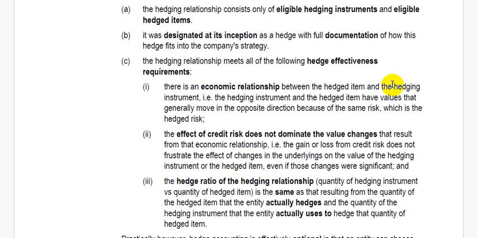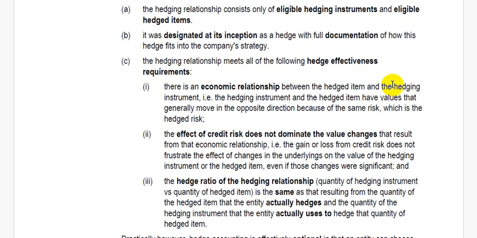The second is that the effect of credit risk does not dominate the value changes that result from that economic relationship, i.e., the gain or loss from credit risk does not frustrate the effects of changes in the underlying on the value of the hedging instrument or the hedged item, even if those changes were significant.